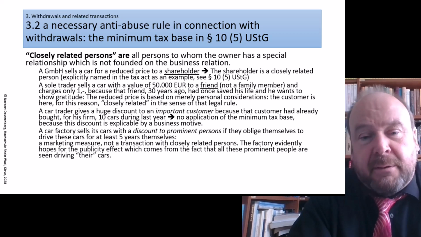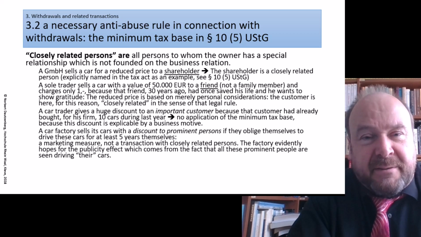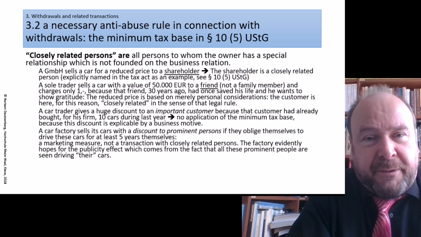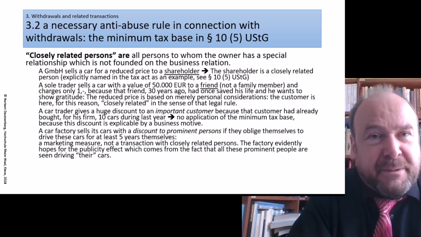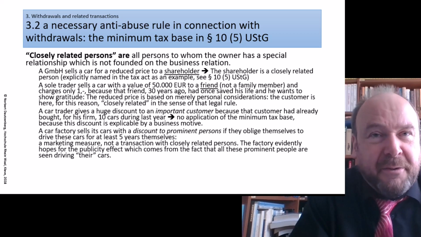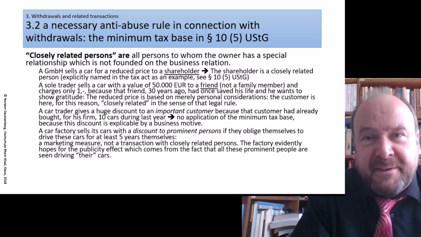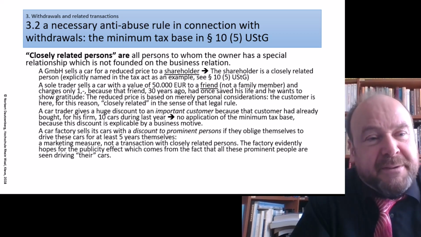By the way, why? The answer is, it's in the well understood self-interest of the fiscal authorities and the law to allow you that strategy. Why do you run that strategy? The answer is because you expect if you behave this way, then in the long run this will bring higher turnover to your enterprise. You will be able to sell more of your cars to important persons for high prices, because all the others naturally pay the full prices.